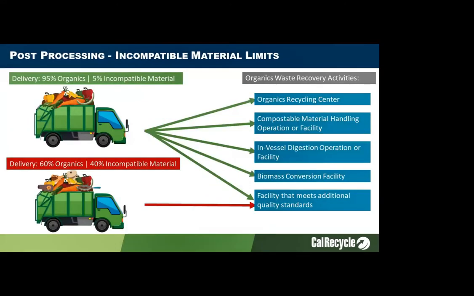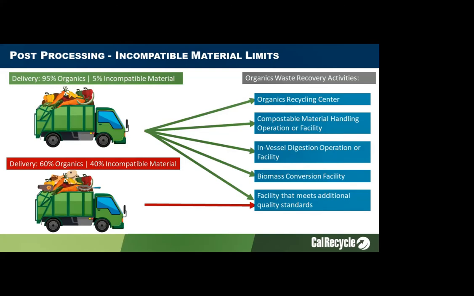Now that the operator demonstrated that the load is 95% organic waste and 5% incompatible material, where can he send the material? These are some examples of organic waste recovery activities. Organics Recycling Center that meet the 3-part test, compostable material handling operation or facility, in-vessel digestion operation or facility.